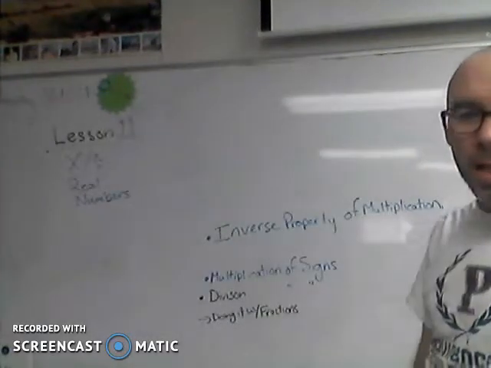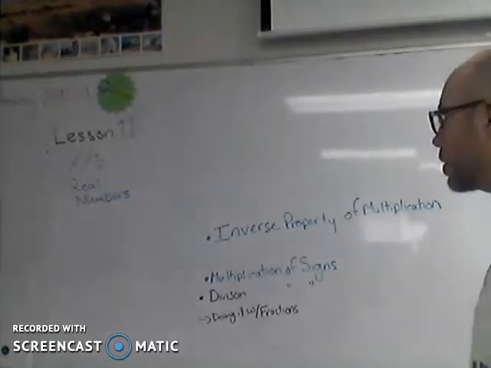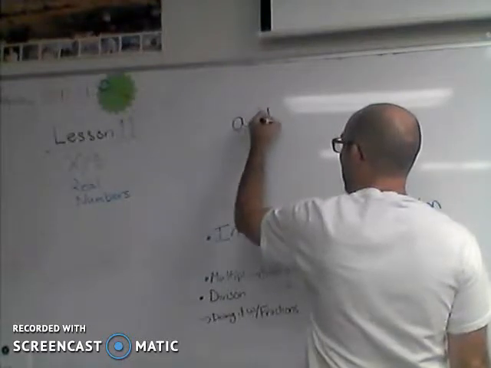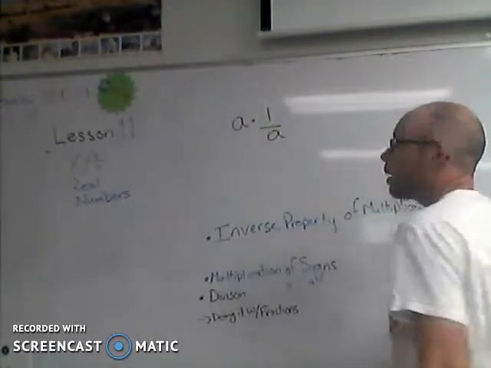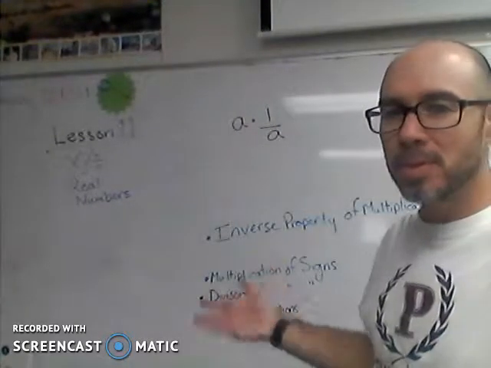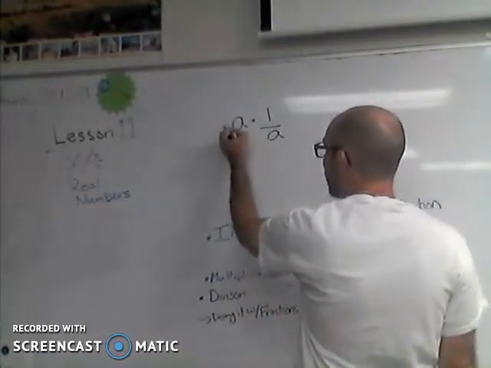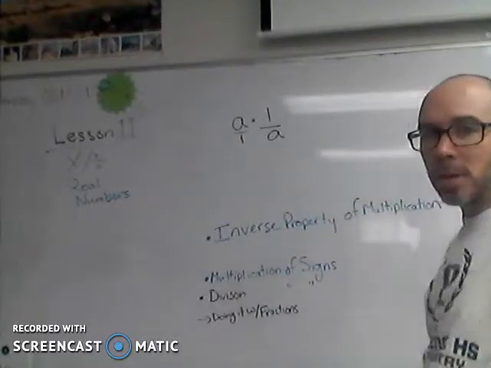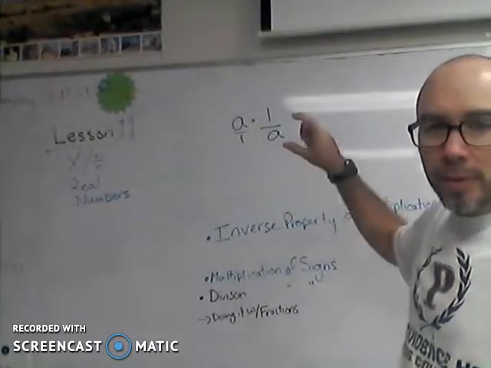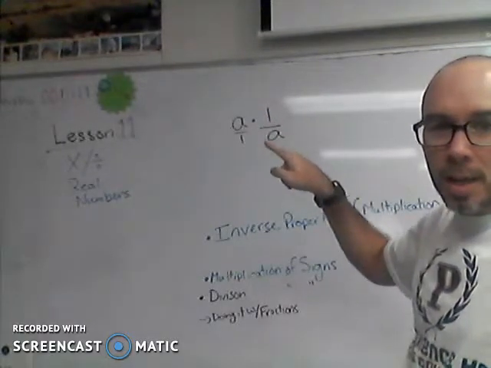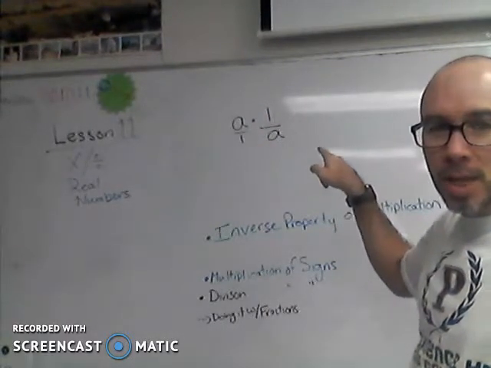Except now we've got inverse properties of multiplication. So this one is if you take a number and you multiply it by its inverse, or sometimes we'll talk about its reciprocal. A could be written as a over 1 because it's a rational number. And then if we flip that around and multiply straight across, a times 1 is a, and 1 times a is a.